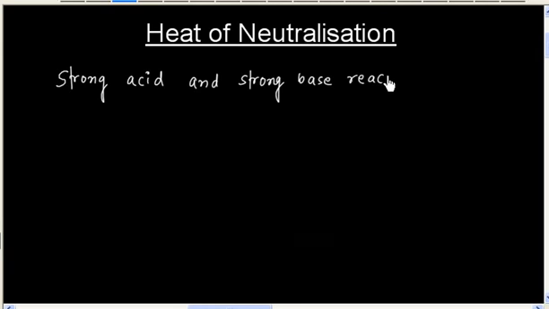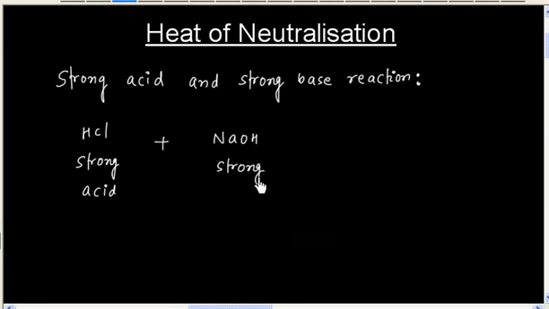Now let us consider a strong acid and a strong base reaction. So we have HCl, that is a strong acid, and we have NaOH, that is a strong base, and when they react they form NaCl and water.